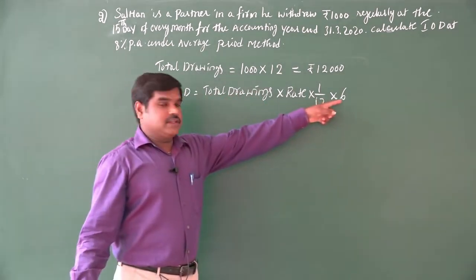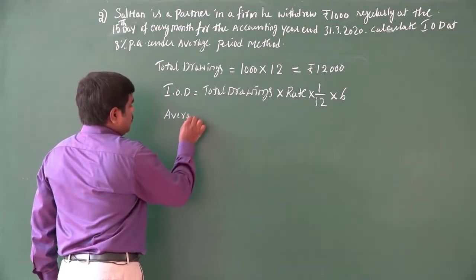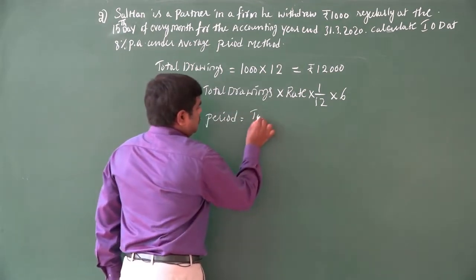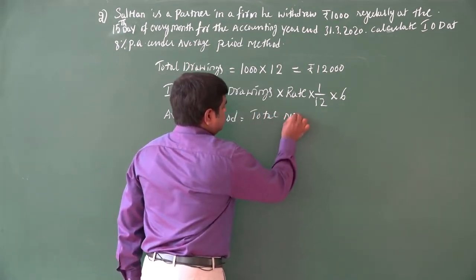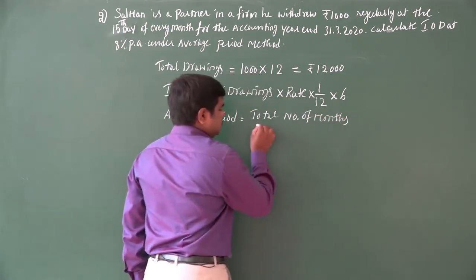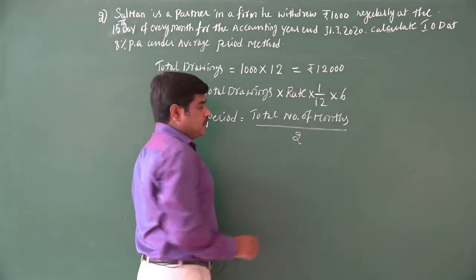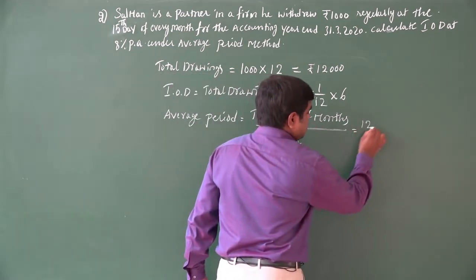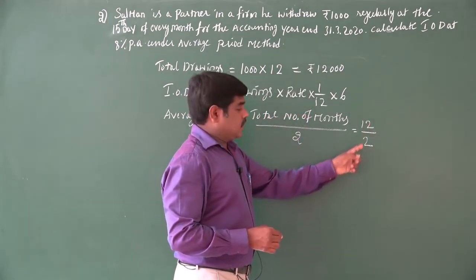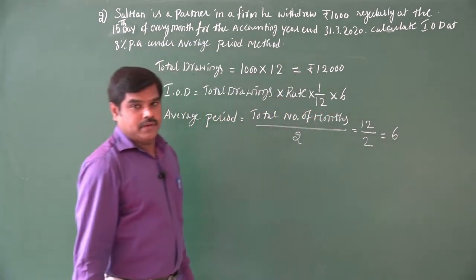Average period is equal to total number of months divided by 2. Total number of months in an accounting year is 12, divided by 2, so the average period will be 6.